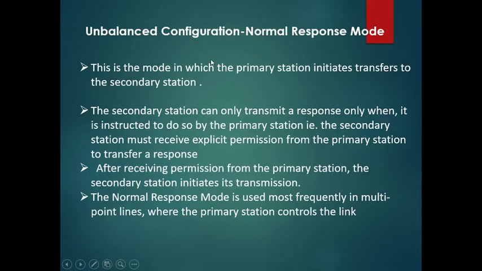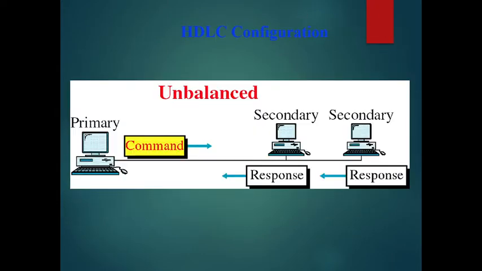The first one is the unbalanced configuration, also called the normal response mode. What do you mean by this unbalanced configuration? As you can see, suppose these are several stations involved in communication. Here you can see a primary station and here you can see secondary stations.